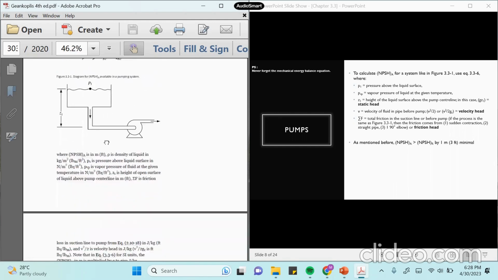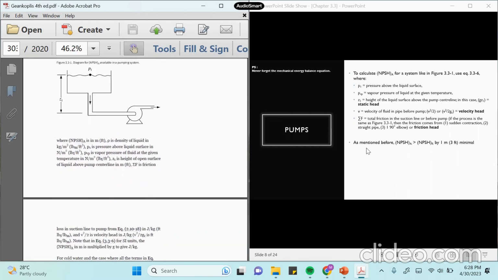Now, we go to the next point on the PowerPoint. As mentioned before, NPSHA is always higher than NPSHR by a minimum of 1 meter or 3 feet.